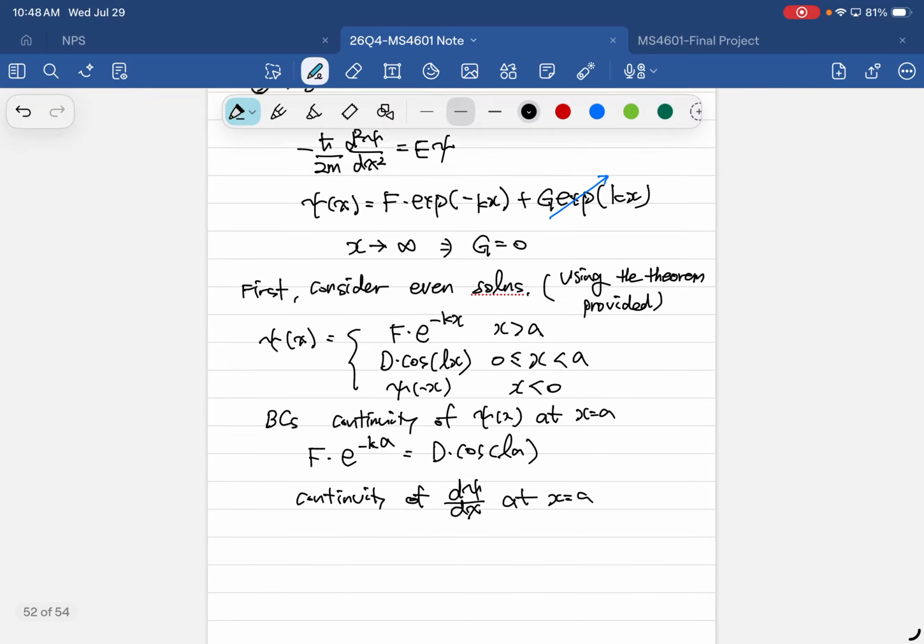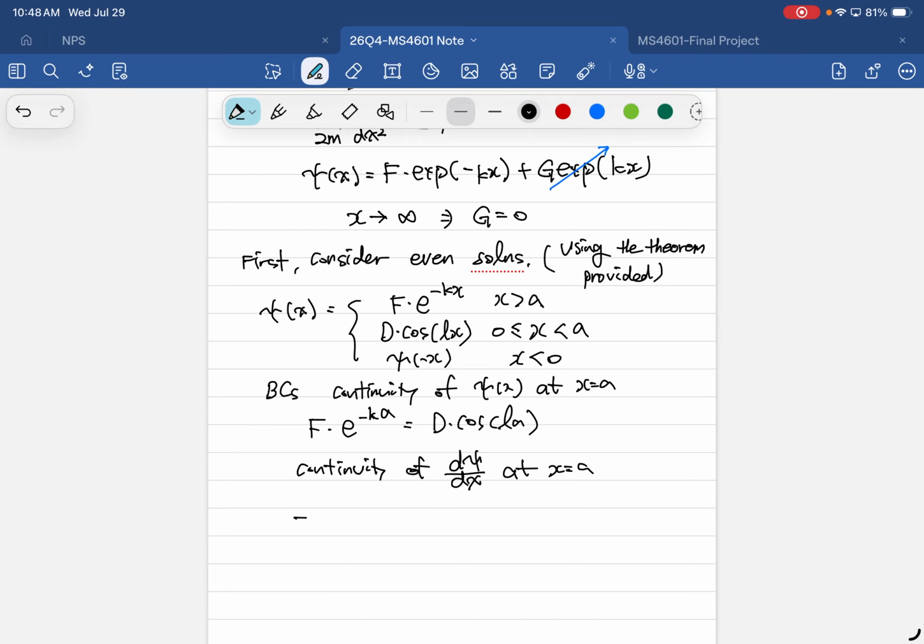So in this case, if we take a derivative, there's a minus k f e to the minus k a equals minus l d sine l a. Let's say this is the first equation and this is the second equation.